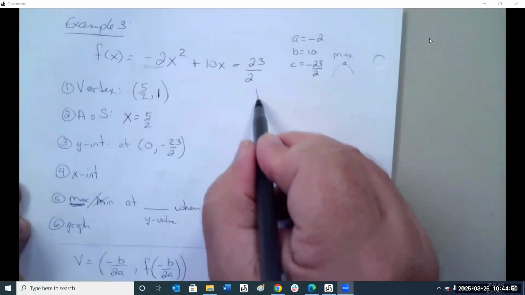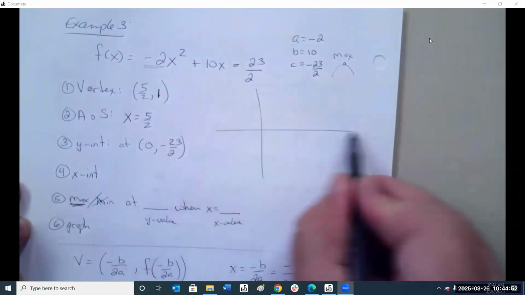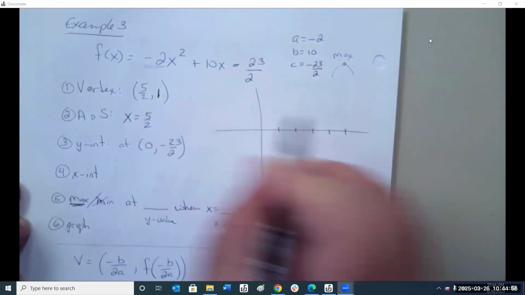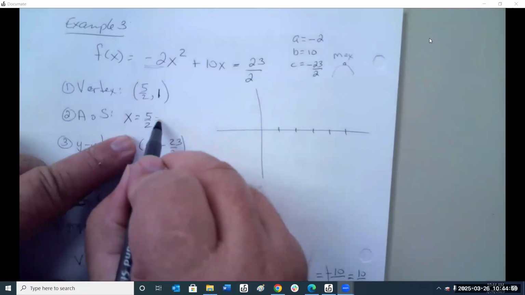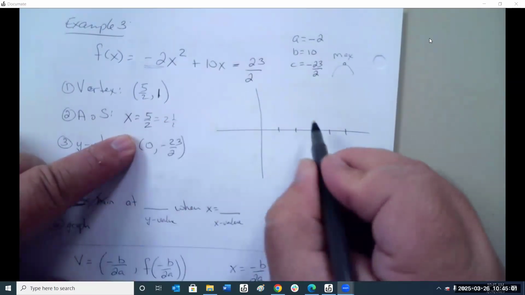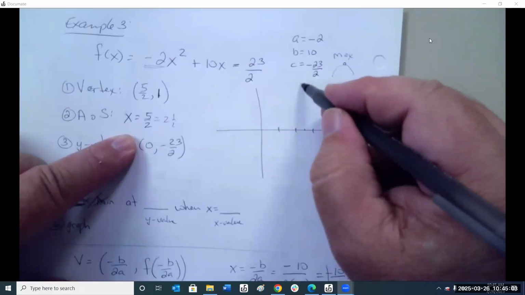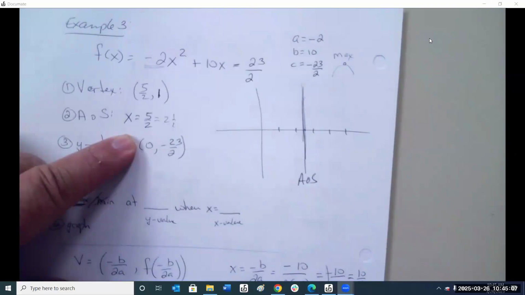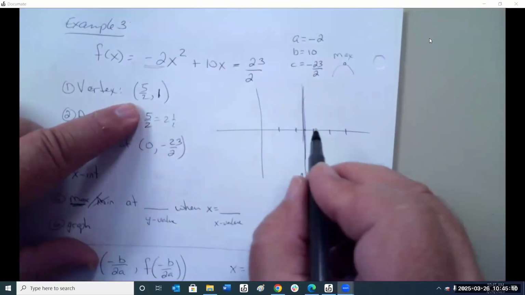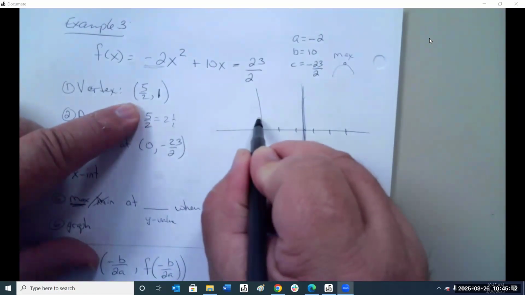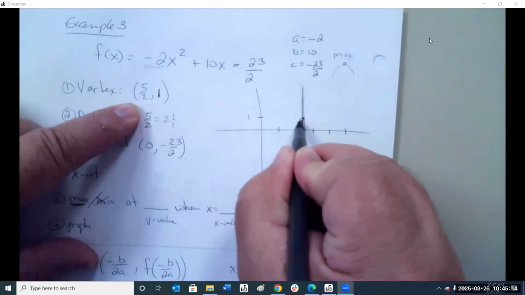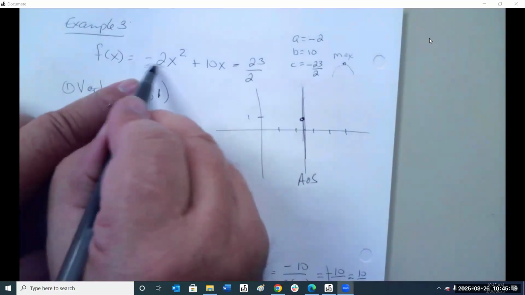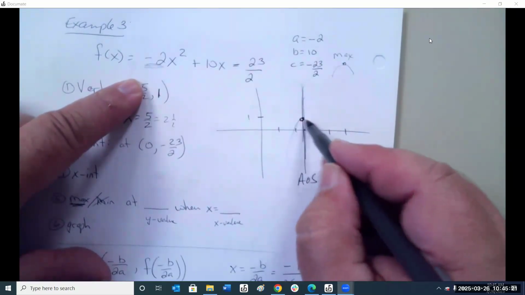Let's look at what this looks like so far. My axis of symmetry is 5 over 2, which is 2 and 1/2. My vertex is at 5 over 2, comma 1. We know we have a maximum because it's a negative coefficient, so it opens down.